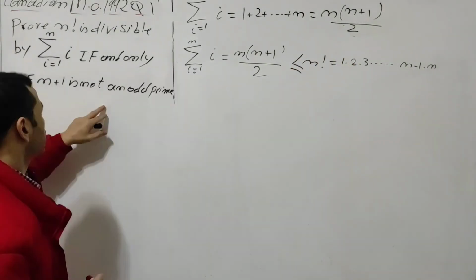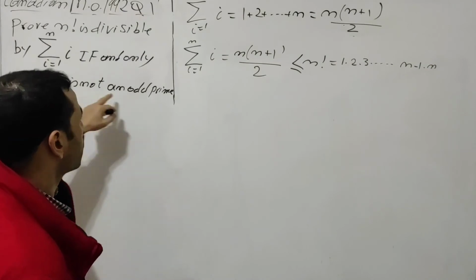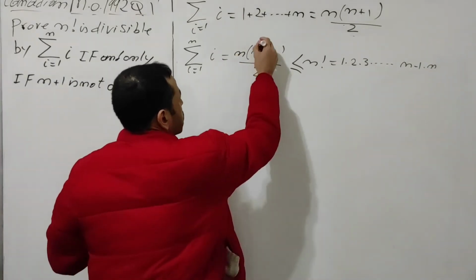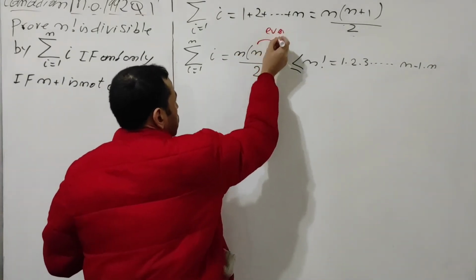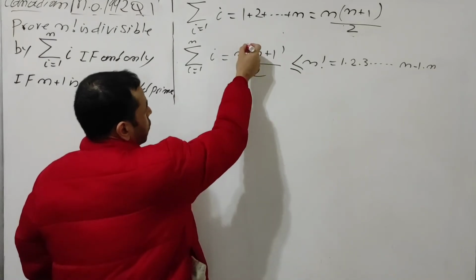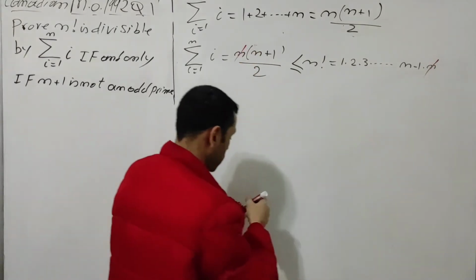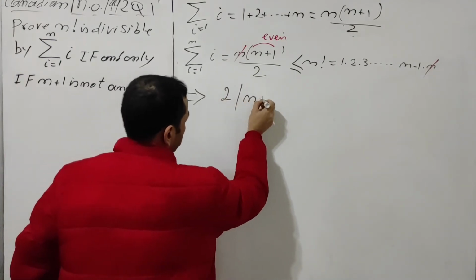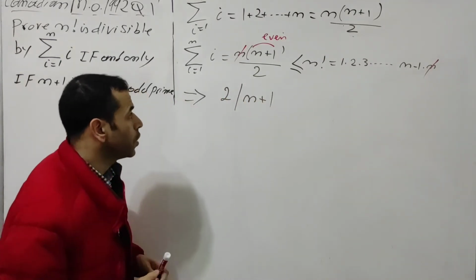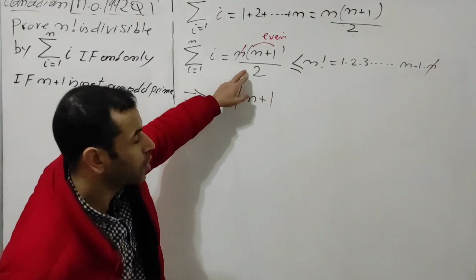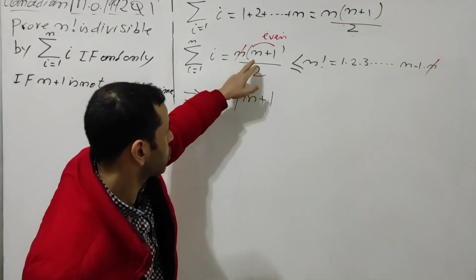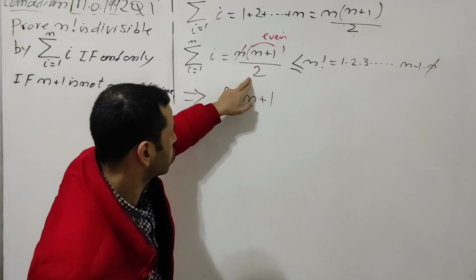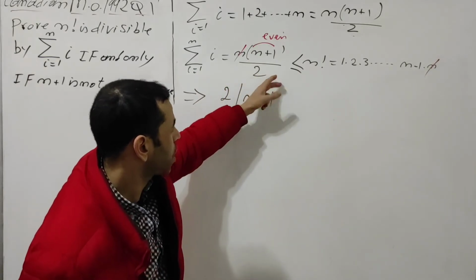Okay, since the condition says n plus 1 must be even, now we are going to cancel n from both sides. That means 2 divides n plus 1. In addition, here is the point: after the division of n plus 1 by 2, we get a number.